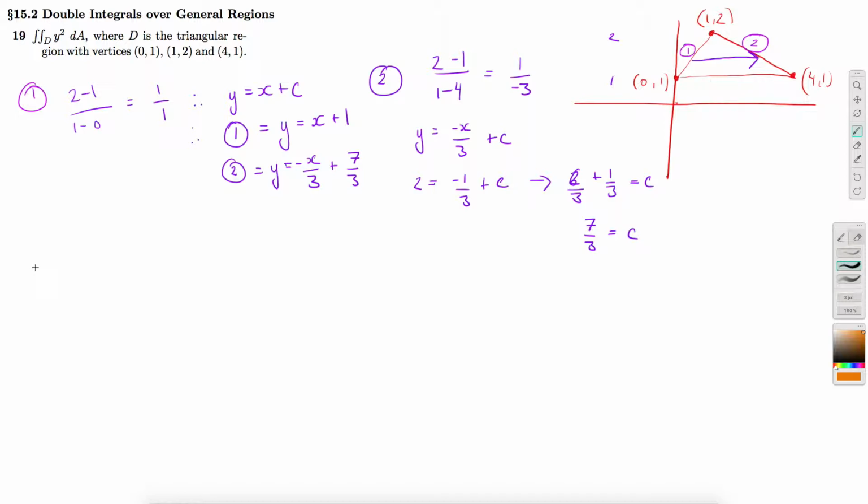So in that case, we're going to do dy first. No, we're going to do dx first, then dy. We're going to do y squared dx dy.